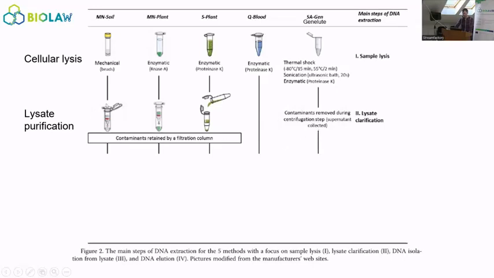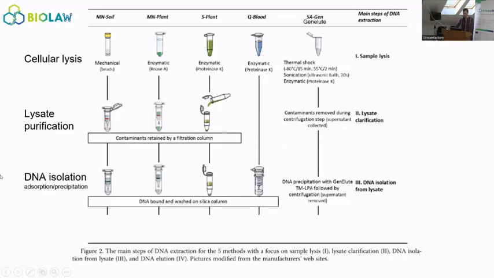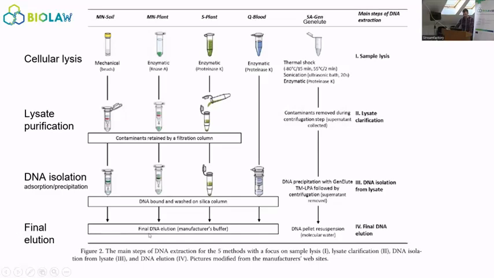So here you see we also have differences. DNA isolation is made either by adsorption, here with some silicate columns, or here with precipitation with a buffer. And the last step, the final elution, is here in the manufacturer buffer, and here it's done with resuspension into water.